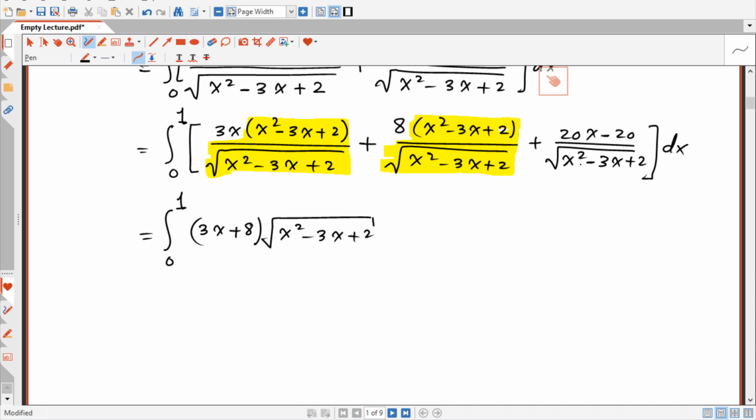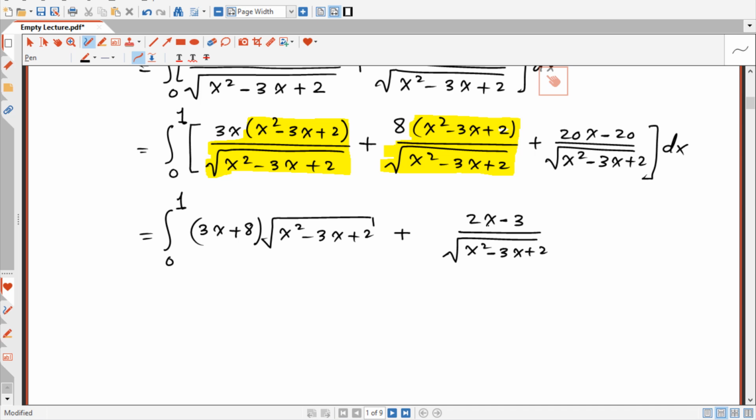And then here we will try to express the numerator as a function of the derivative of the quadratic term. The derivative is 2x minus 3, so we will add that term. So plus 2x minus 3 divided by x squared minus 3x plus 2.